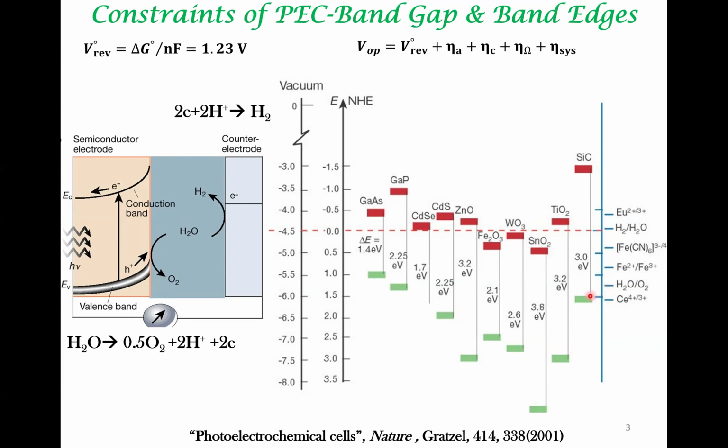If this difference is very small, then the driving force for electron transfer is lesser. Likewise, if the conduction band edge is much higher than this redox level, the driving force for electron transfer is greater. If it is not well separated, the thermodynamic driving force and hence the kinetics will also be challenging.